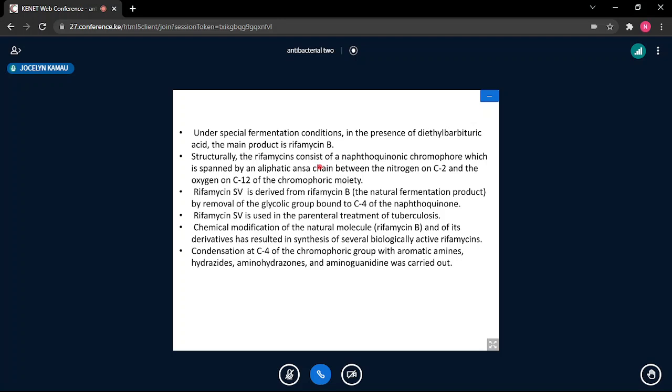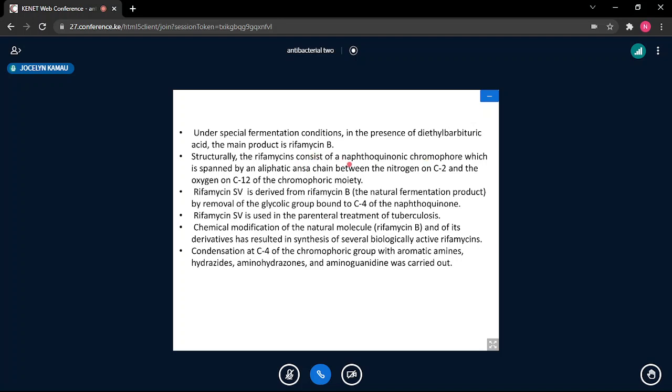That's why we are calling it the chromophore. But it's not the only area. We have seen even the bigger portion of the aliphatic side chain also must remain intact for activity. So the rifamycins have a larger, huge area which represents the chromophore, both the side chain and the quinone, which requires to remain intact for activity.